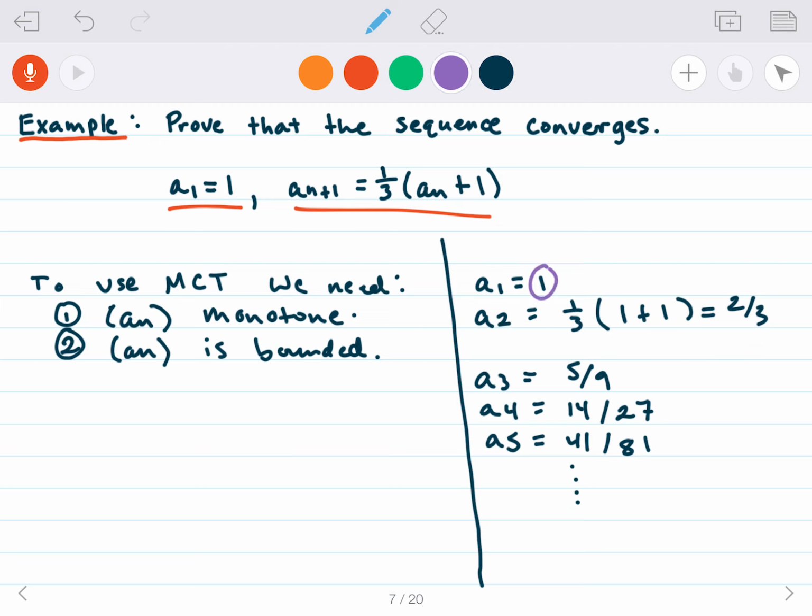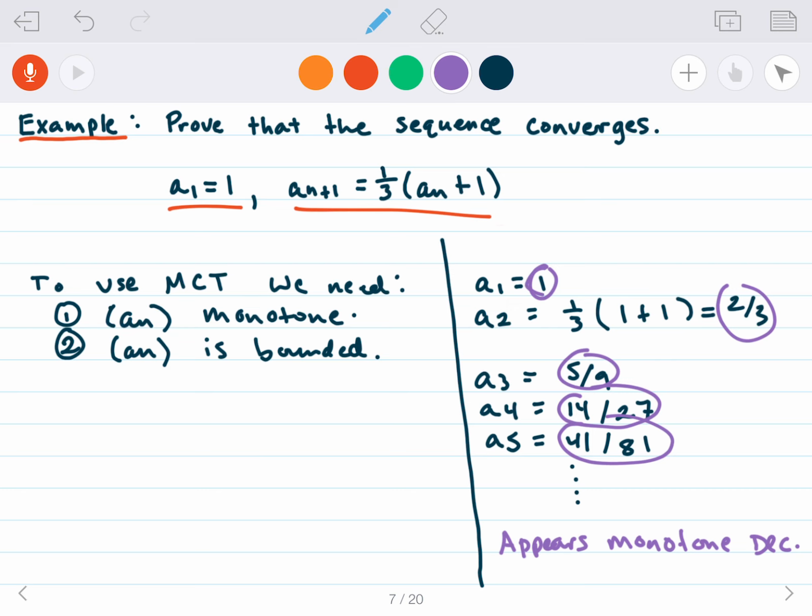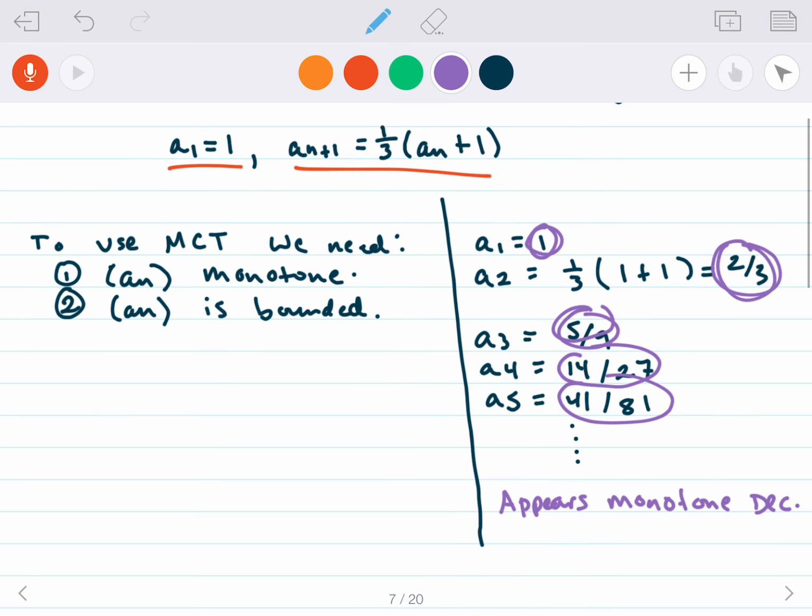Okay, and so if we look at what's happening to the terms in our sequence, it appears that the sequence is monotone decreasing, right, because the previous term is larger than the next term in each case. So that is the first thing.